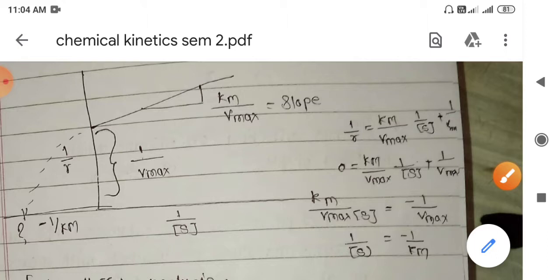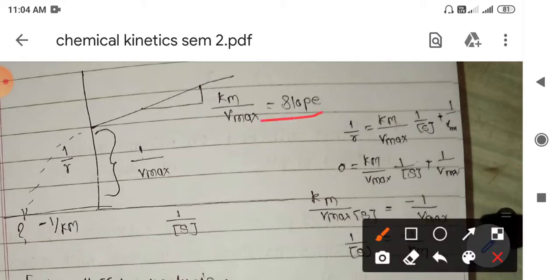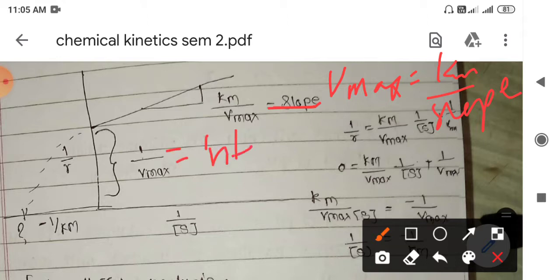Now there is another method to find the Michaelis-Menten constant. Here we have been given the slope value, Km upon Vmax equals slope. We can rearrange this equation as Vmax equals Km upon slope. And 1 upon Vmax is the intercept, the y-intercept.